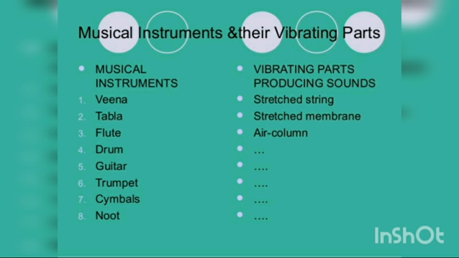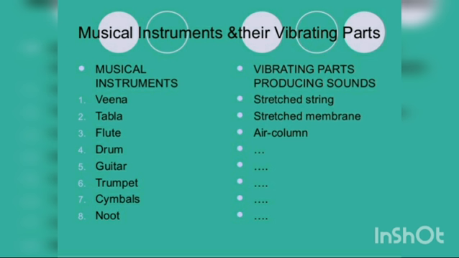Many holes will be there on the flute. By closing them with the fingers, they play the music with the flute. Those holes are called columns. So these all we have studied, and I showed the slide also, of many instruments which produce sounds.